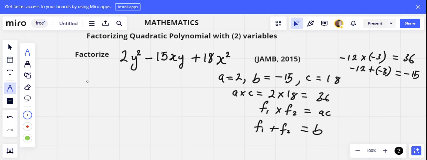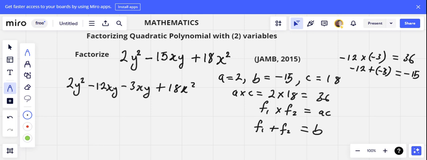So we substitute that here. This will now be 2y squared, and in the place of minus 15xy, we write minus 12xy minus 3xy plus 18x squared. Are we there?